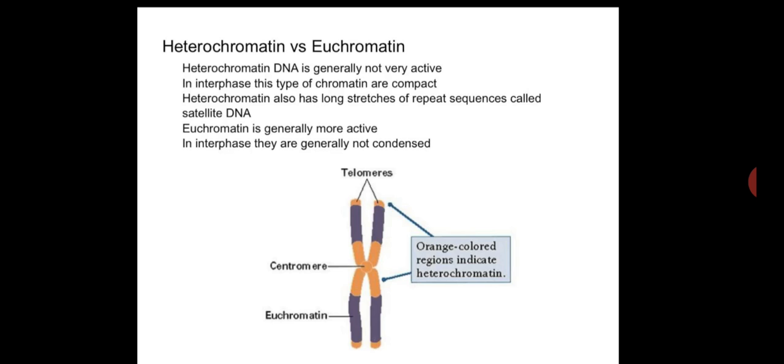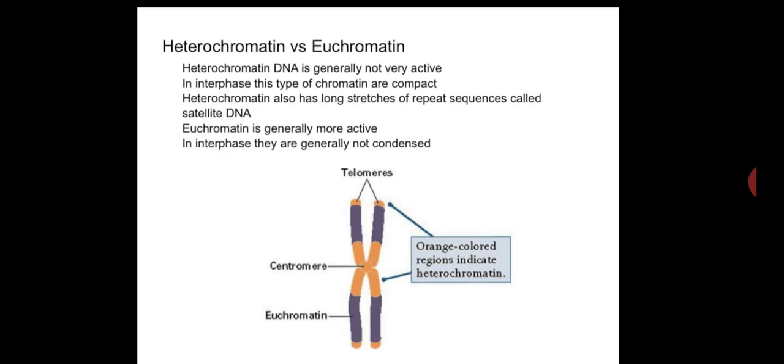During the staining, different parts of the chromatin material take different amounts of stain. So depending upon the intensity of the staining, we can classify the chromatin material into two types: one is heterochromatin, and the second one is euchromatin.